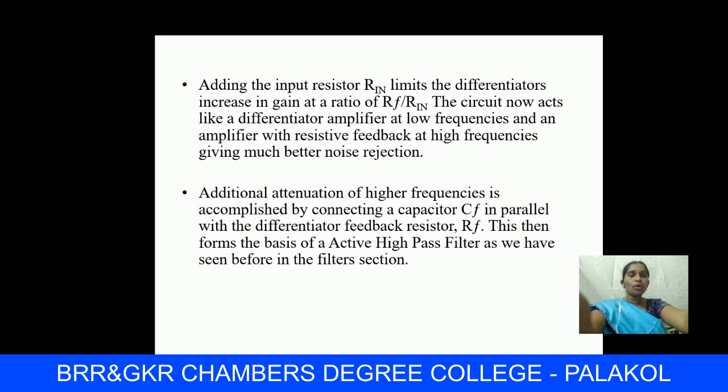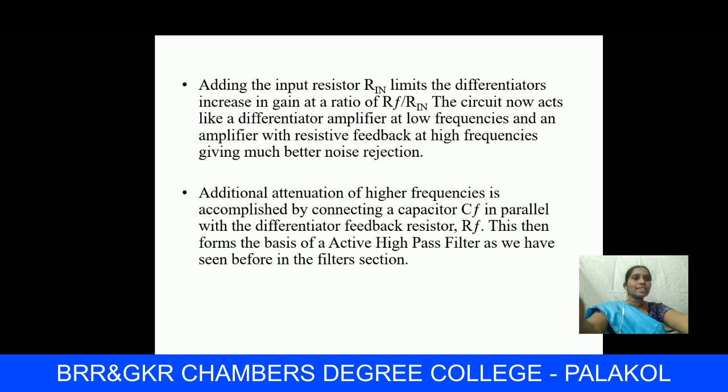So by adding the resistor in front of the capacitor, it will reduce the gain. That means it will limit the gain to the ratio Rf by Rin. So the circuit now acts like a differentiator amplifier at low frequencies and an amplifier with resistive feedback at high frequencies, giving much better noise performance.